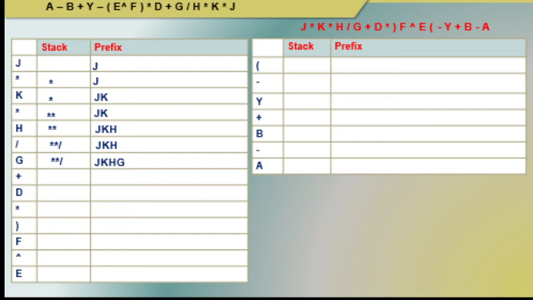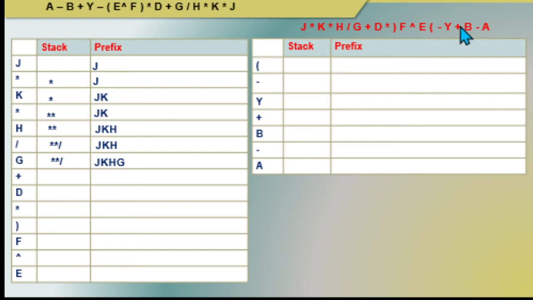And then we again compare our incoming operator, addition, to the new top of the stack, which is also a multiplication operator. Since addition operator has lower priority than the new top of the stack, according to our rule, we must pop out the new top of the stack and write it also in our output.